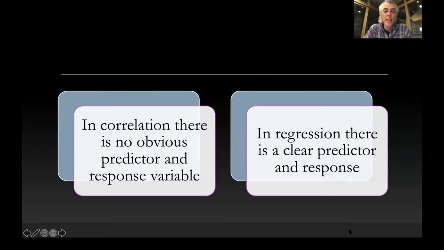But in a correlation, there is no obvious predictor and response variable. Whereas in regression, there is a clear predictor and response variable.